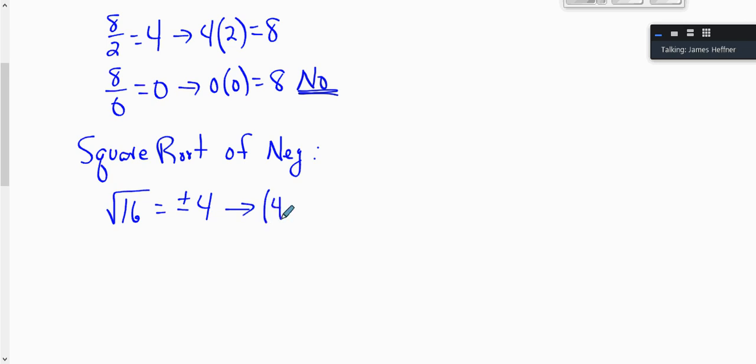That 4 squared equals 16, positive 16. And what else? That -4 squared equals 16, positive 16, because when you square something, it's the thing times itself, and a negative times a negative is always a positive.